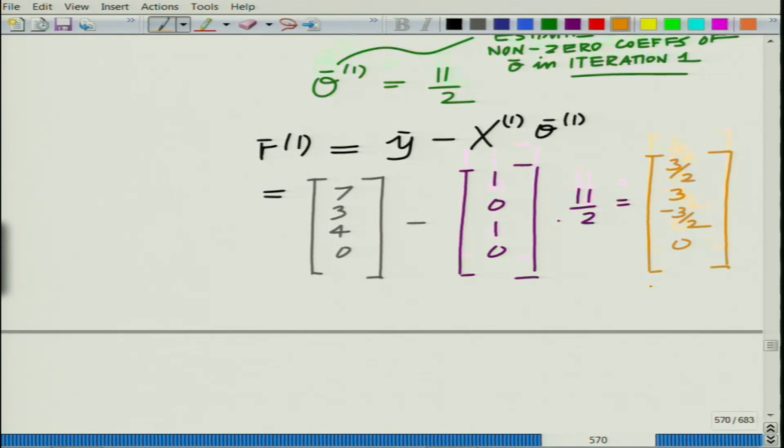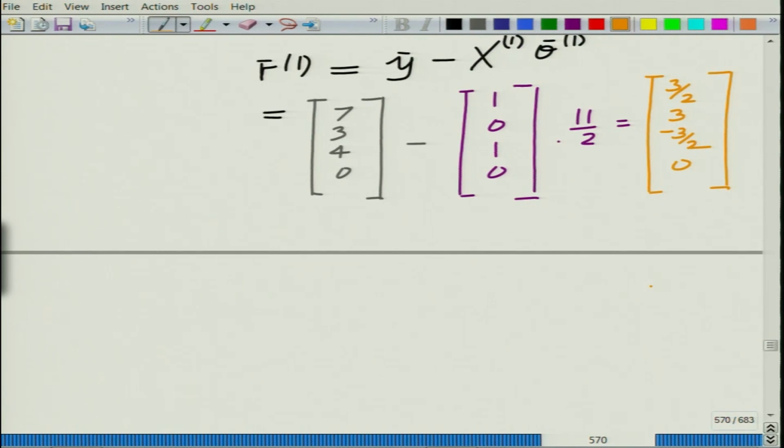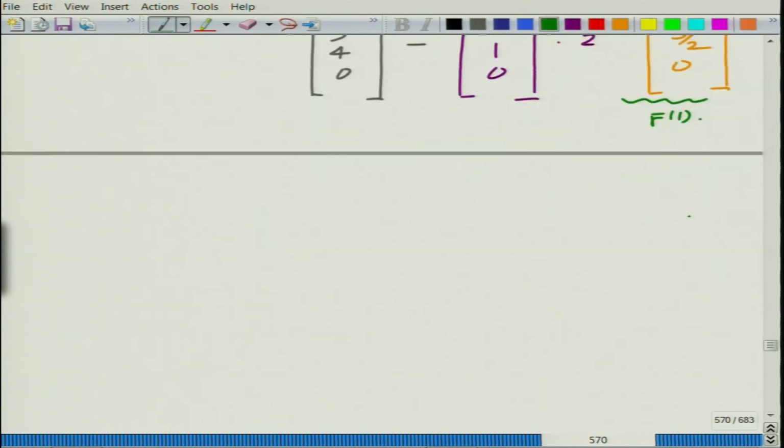That is essentially what you are going to have, and this is basically your residue at the end of the first iteration.